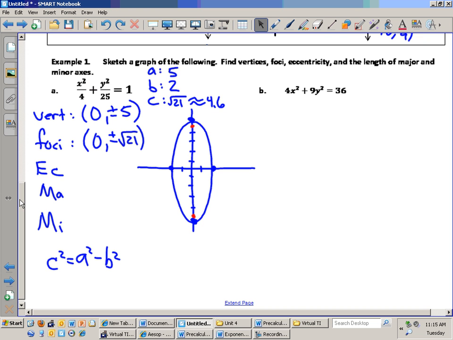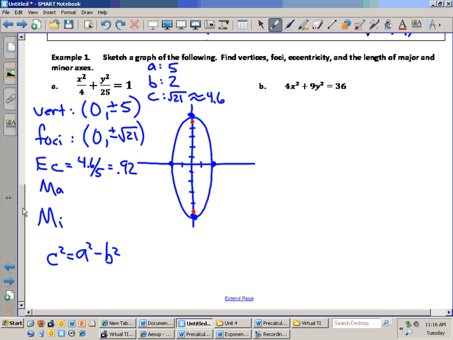The eccentricity. How do I calculate that? C over A, or like 4.6 divided by 5, which is 0.92. Something like that. So this is a pretty squished ellipse.